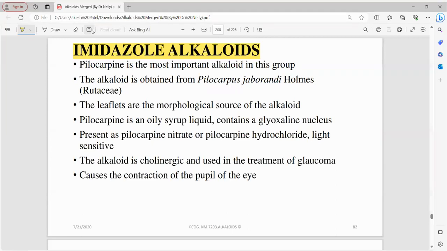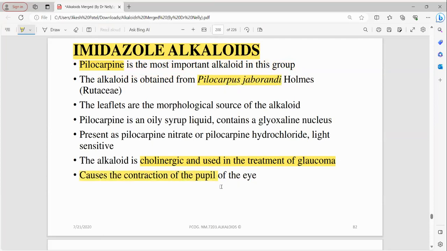It's also used for dry mouth, xerostomia, because pilocarpine mimics acetylcholine, like physiostigmine. The source of pilocarpine, again the name gives it away: Pilocarpus jaborandi.